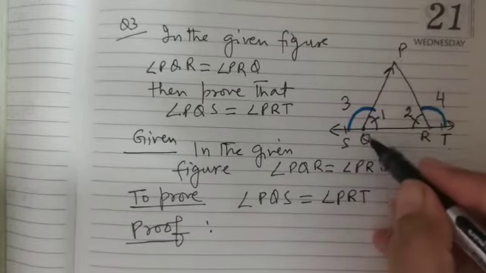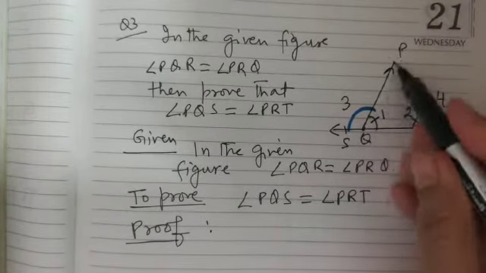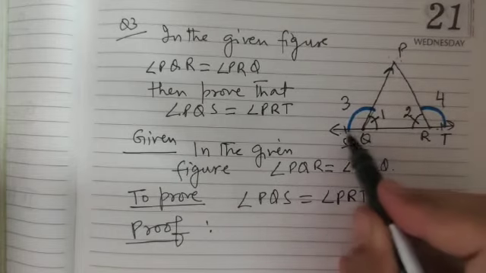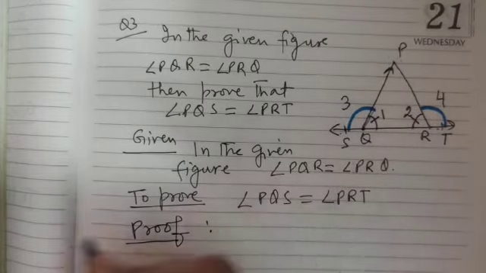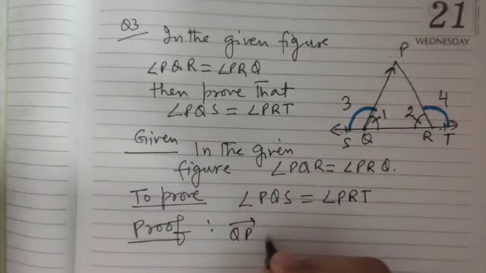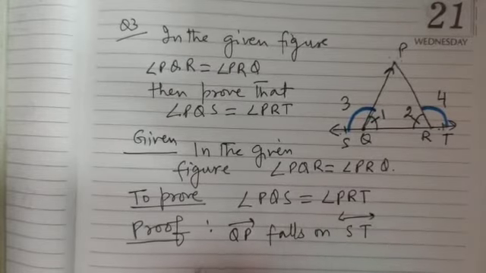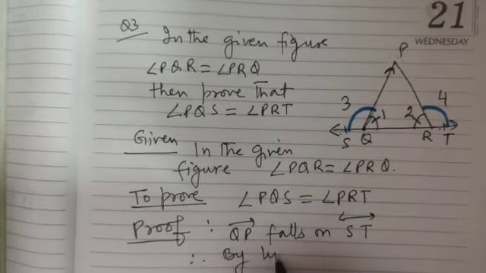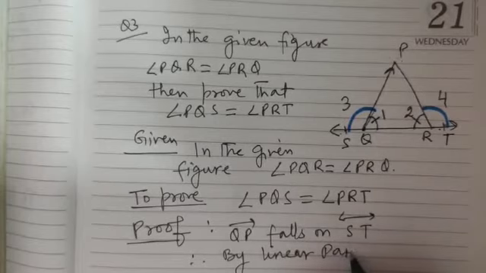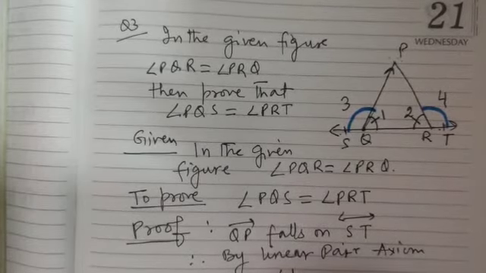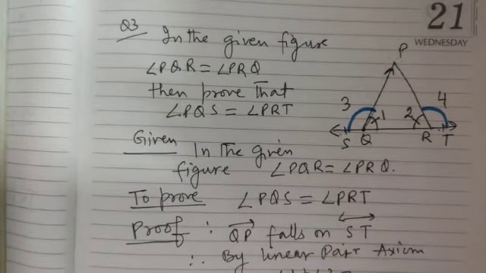If I put an arrow like this, can I say QP is a ray which falls on the line ST? Yes, I can say this. QP falls on ST. Therefore, by linear pair axiom, what will be angle 1 plus angle 3? Very good. It will be 180 degrees.